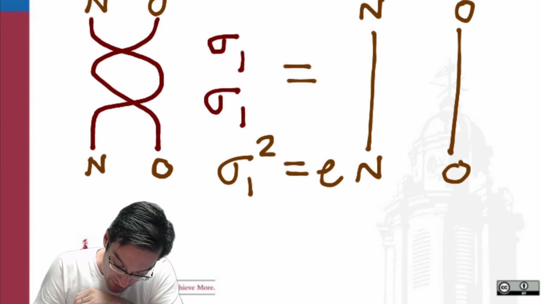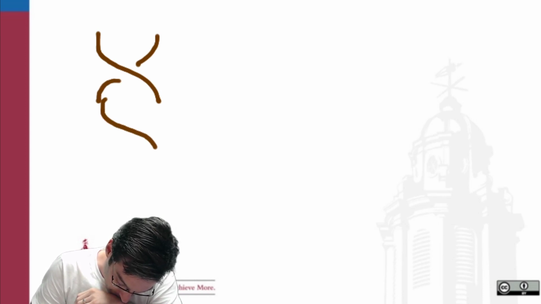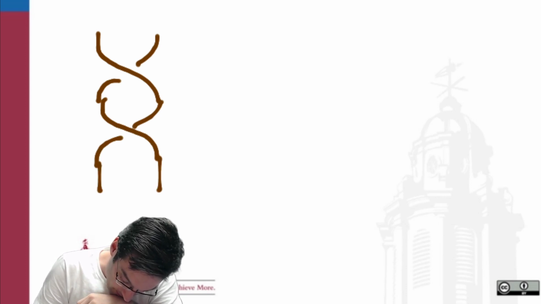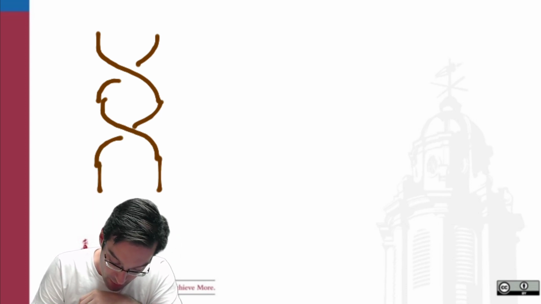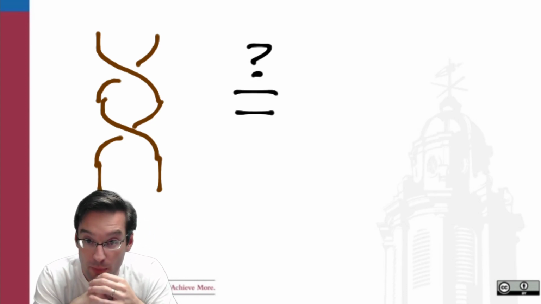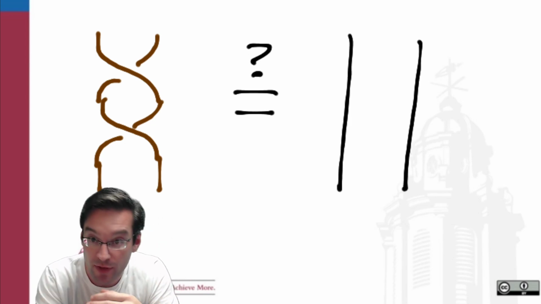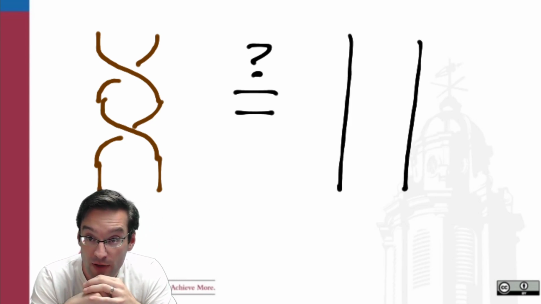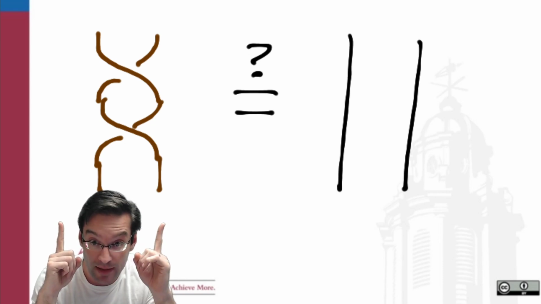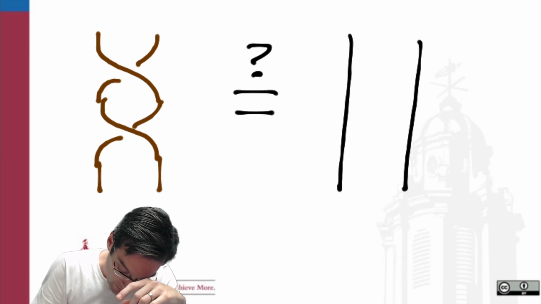Right? But then what happens if I do two positive twists in a row in a braid? I get something that looks like this. And we can show, again, using that same diagram moves argument that we used in the beginning of class, that there actually is no way to transform this doubly twisted braid that I have here into this completely untwisted braid over there at the right.